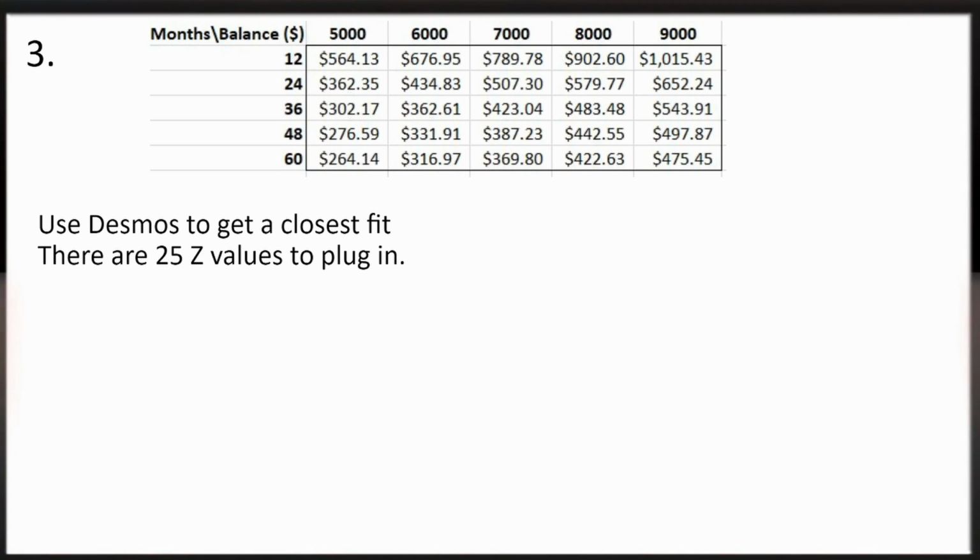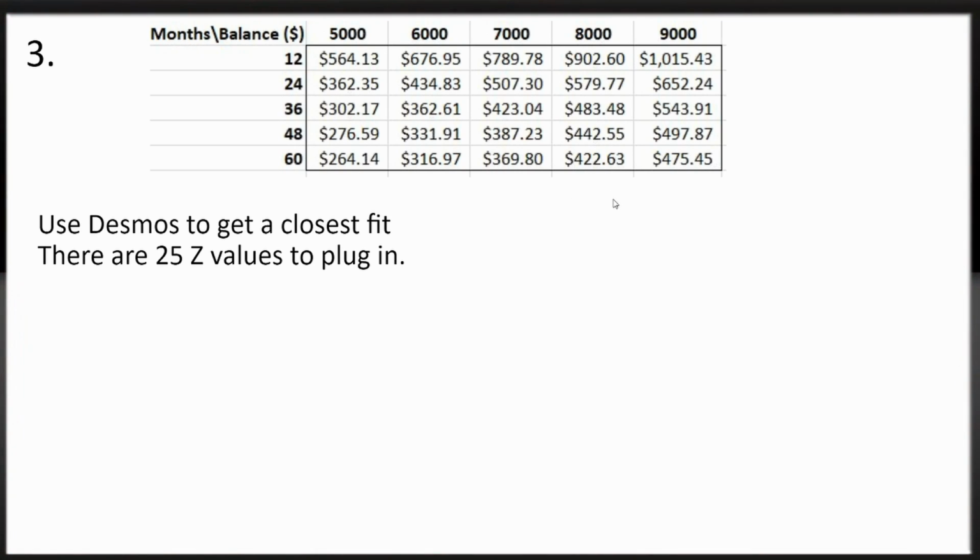You need that 5,012, 564, 5,024, 362.35, 5,036, 302.17, and so on all the way down. You cannot do 5,012, 564, 6,024. I know it's tempting to go in that diagonal just to get that average, but that is not accurate at all compared to putting every single value in and getting that perfect fit.